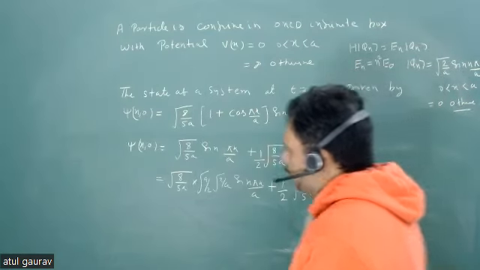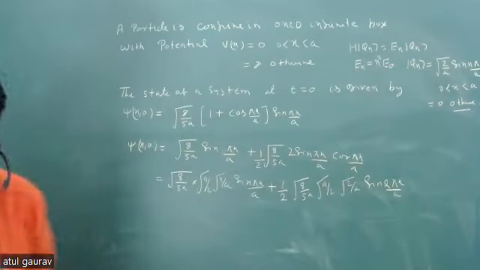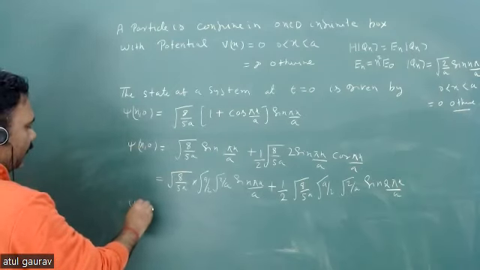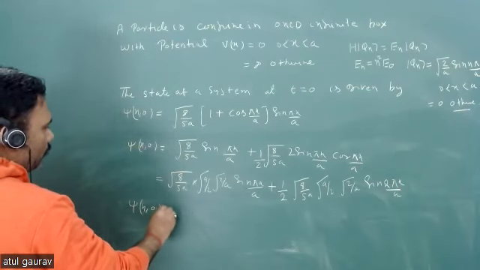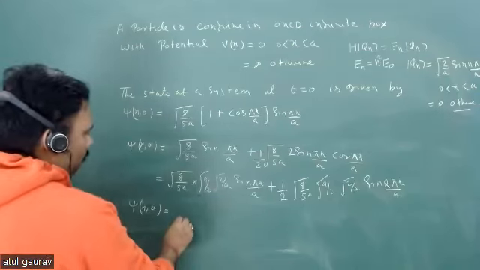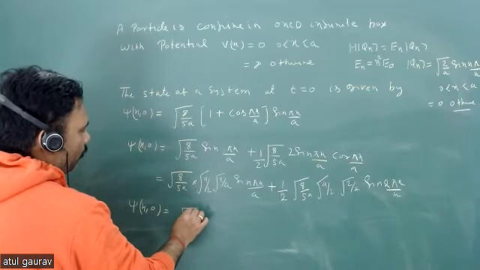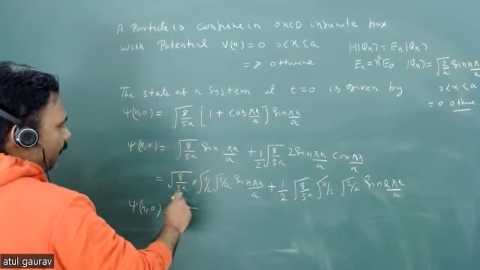Now we can easily write the whole thing as psi x0, this a and a is gone.